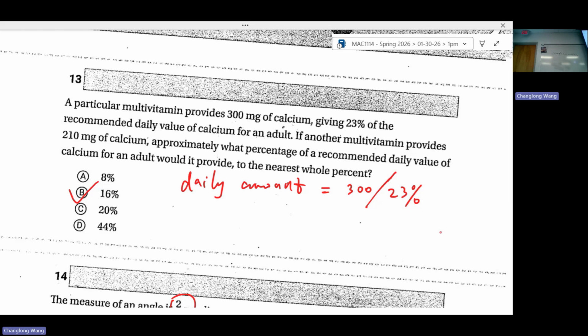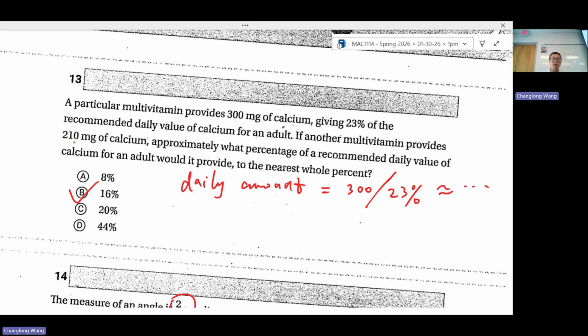This guy takes only 200 milligrams, and that contributes only 23% of the daily amount suggested. So the daily amount should be more than 200 milligrams, right? That's why if you multiply 200 by 23%, you're going to get a smaller amount. So the only way to do it is to divide, so you get a bigger number. So you figure out what that is.